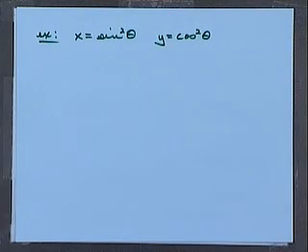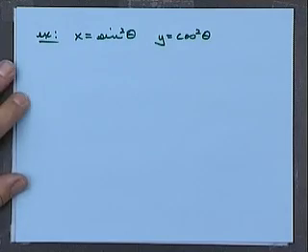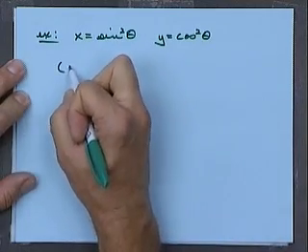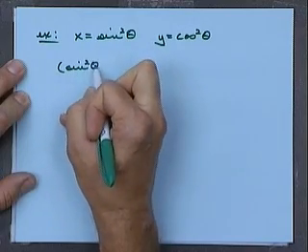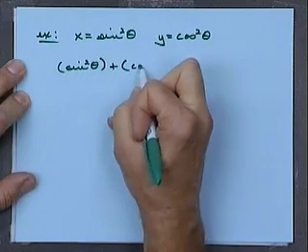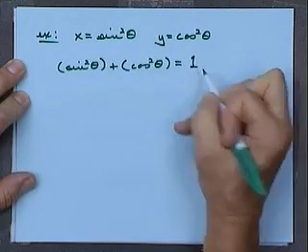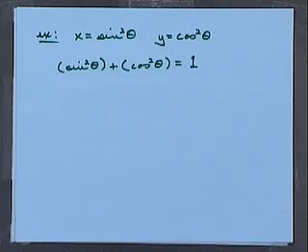So we have x in terms of theta, could be t, y in terms of theta, and we just had that sine squared of theta plus cosine squared of theta equals 1.